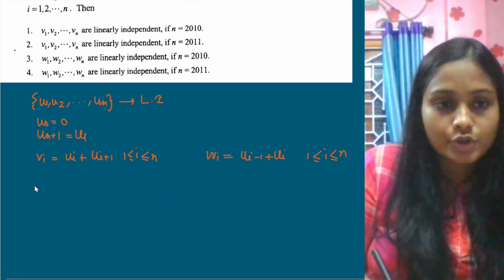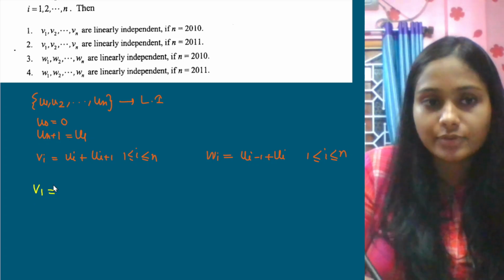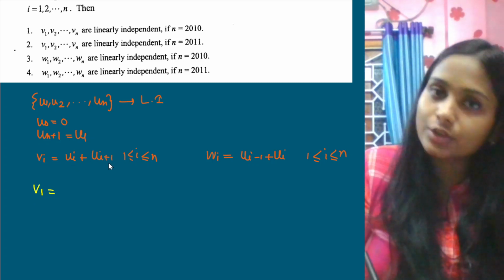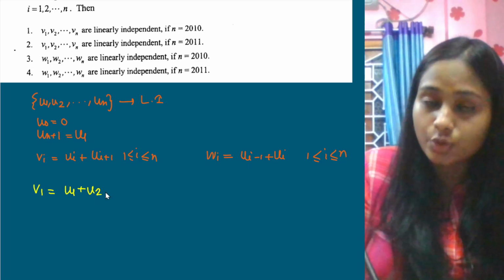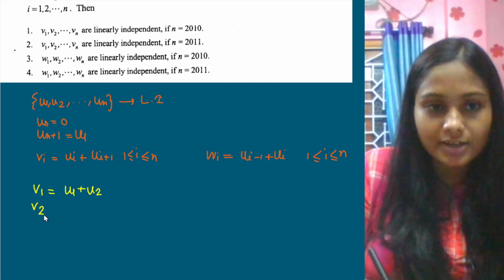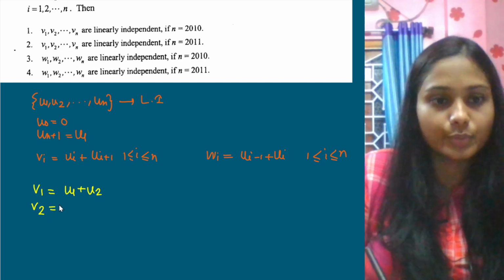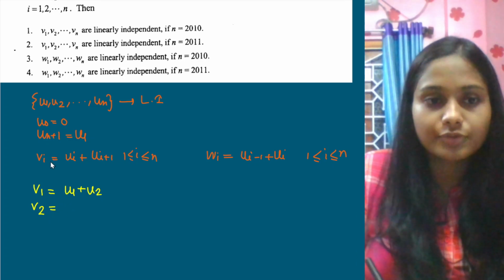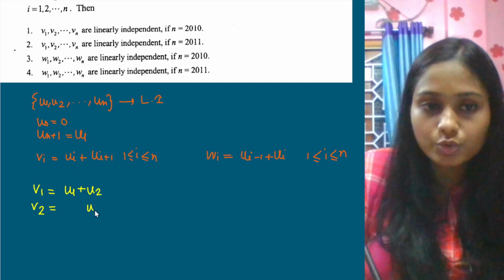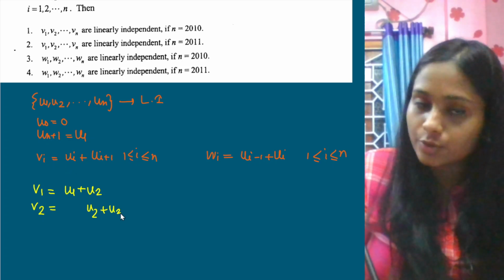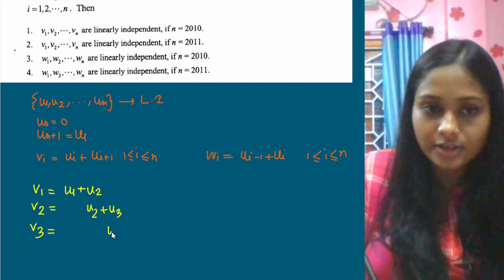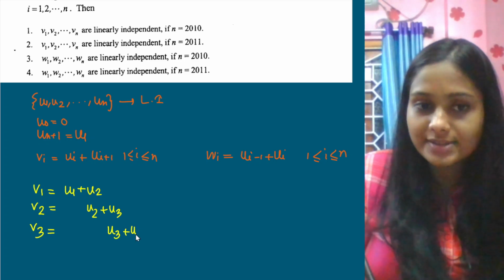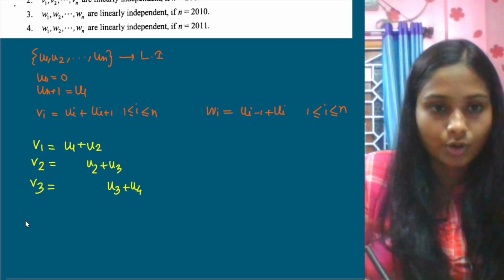Okay. So v1 is what? u1 plus u2. After that v2 equals to what? v2 is u2 plus u3. What will be v3? v3 is u3 plus u4. Okay.